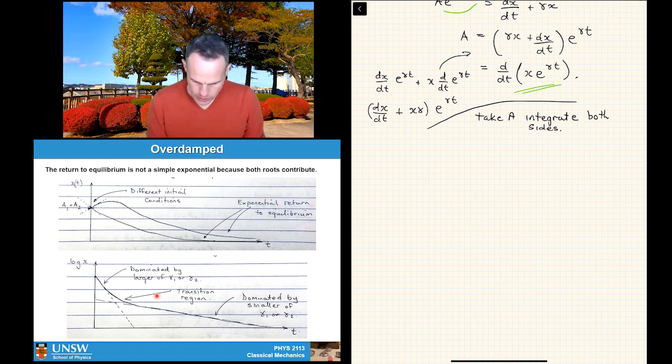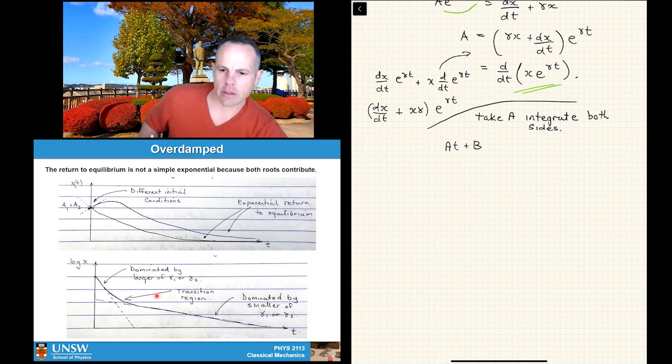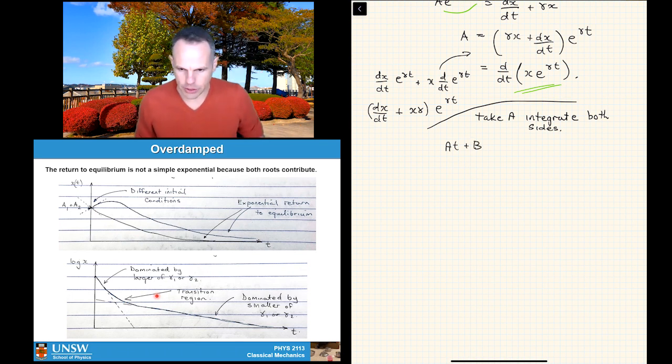Okay, so if we do this, our A will become At, and of course we have to add a constant here, B, and we care about this constant. Okay, it actually ends up being important in the solution. And then the integral with respect to time of the term on the right just negates the time derivative of the front. So it's going to be x e^(γt) up the top here.